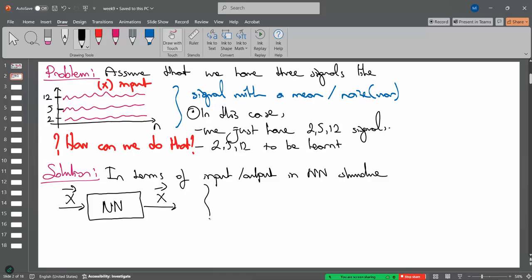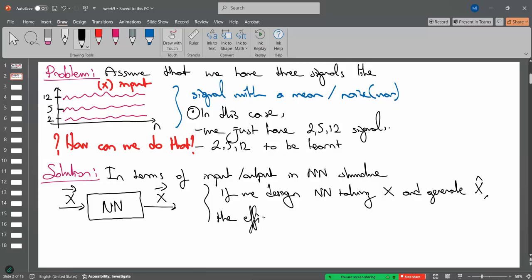Okay, so if we design it, taking x and generating x hat, the efficient coding is done here.